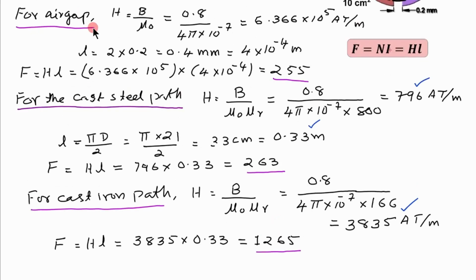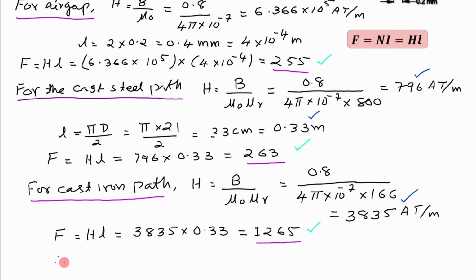So for air gap, we found that ampere turns required is 255, for cast steel path the ampere turns required is 263, and for cast iron path, ampere turns required is 1265. Therefore, the total ampere turns required F is the sum of that of air gap, cast steel path and cast iron path.